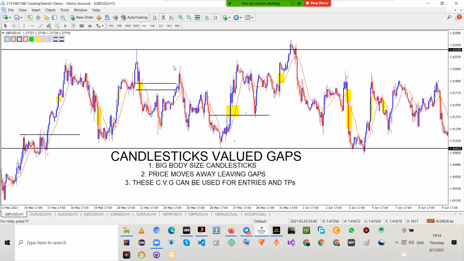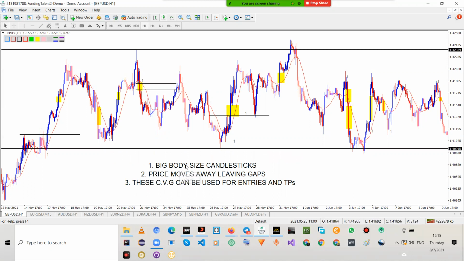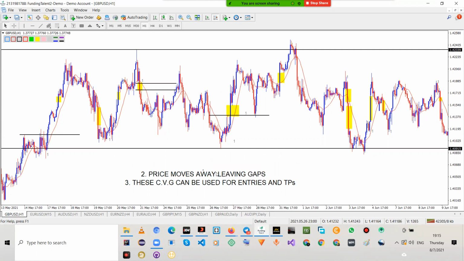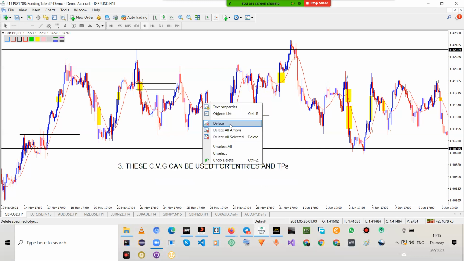I hope you get that, and I hope you've taken what I wrote on the screen there, candlestick valued gap. So that's all, guys. They're just big body size candlesticks that experience price moving away from them, leaving gaps on them. And these gaps can be used for entries and take profit.